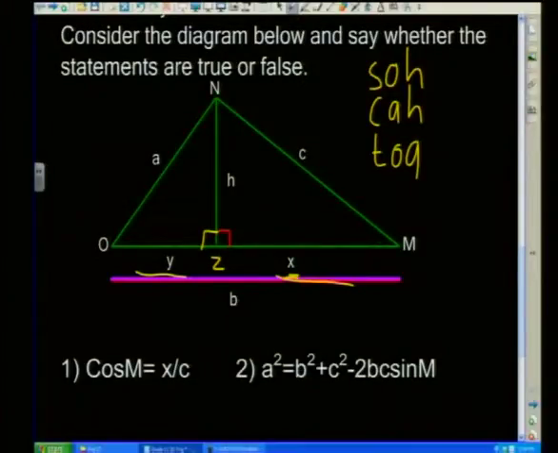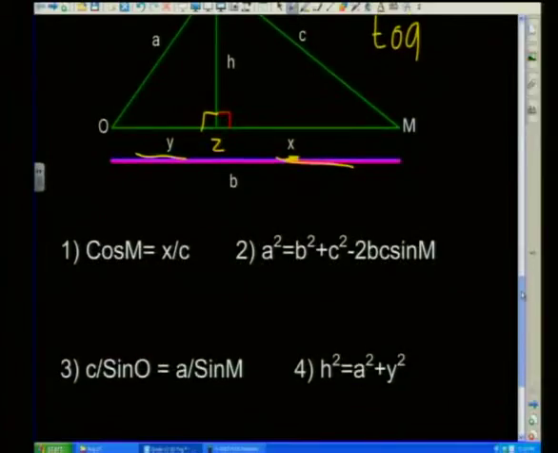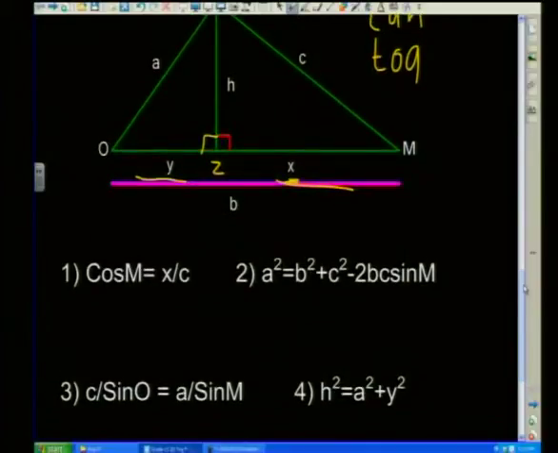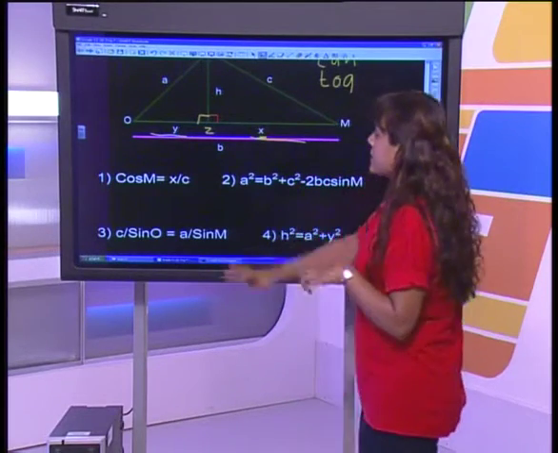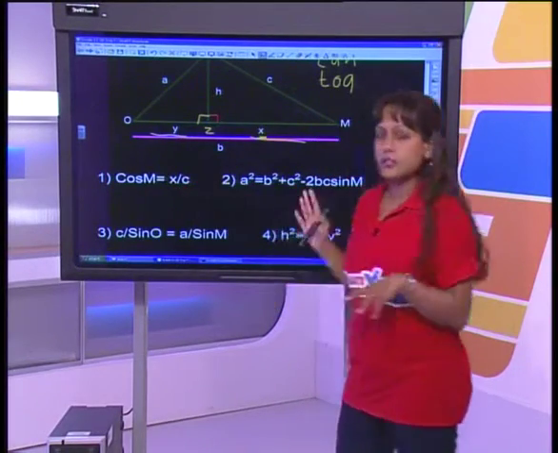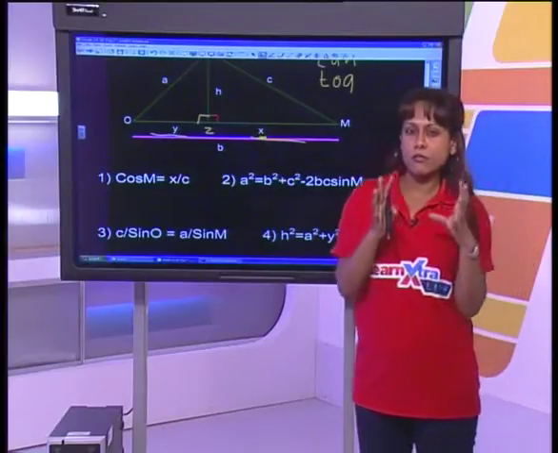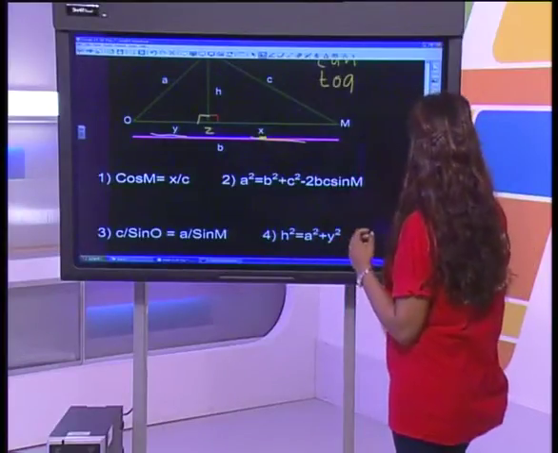We've called side NO little a, side NM little c, and NZ is h. So we won't say NZ anymore, we'll say h. Let's have a look at the first question. Remember, we're trying to show whether this is true or false. They said cos of M, and they've given us a ratio. Now, before you even look at the ratio, cos of M, let's have a look where that is.